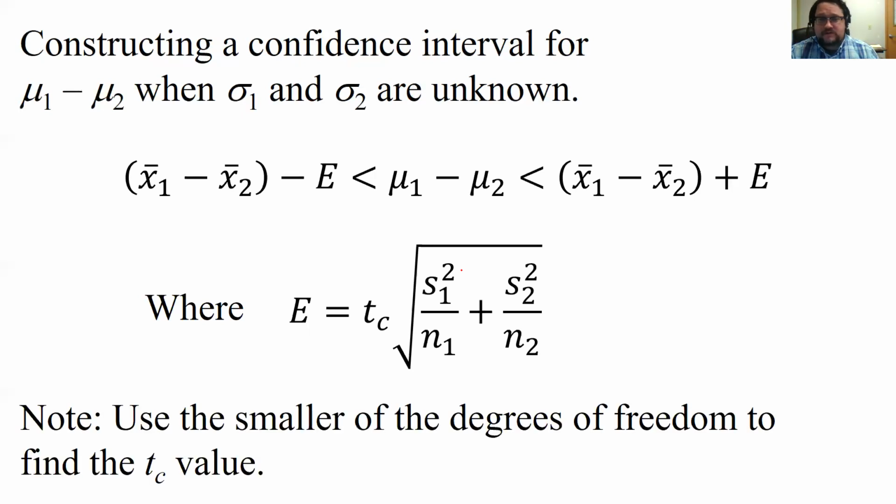So we're always going to use the smaller degree of freedom to figure out what this t value is. That's going to give you a bigger t value, which is going to give you a bigger interval, which is going to be safer. We always pick the one that's going to give us the biggest value, so we get the biggest interval, so it's the safest. That's why we're going to do that.